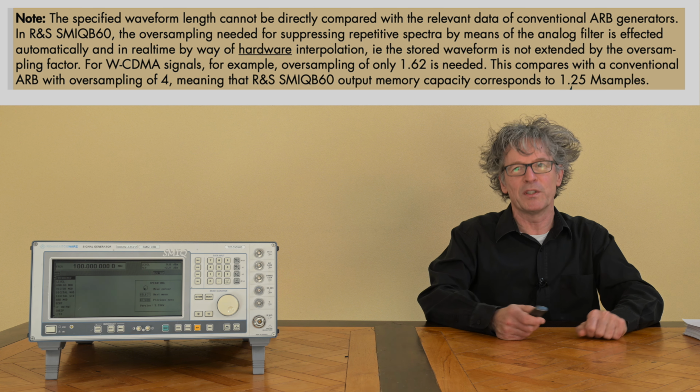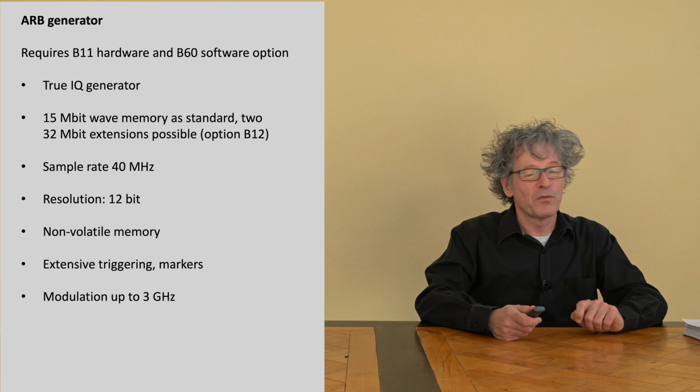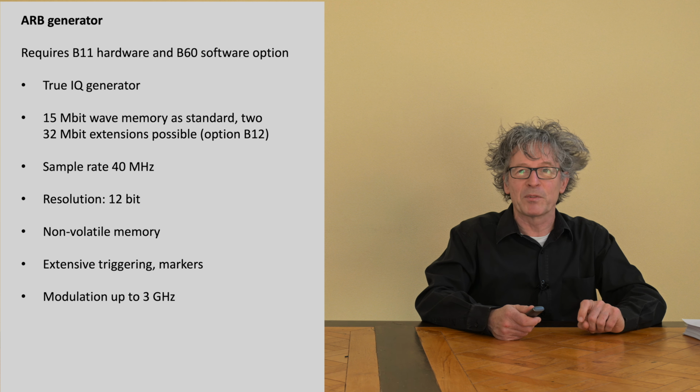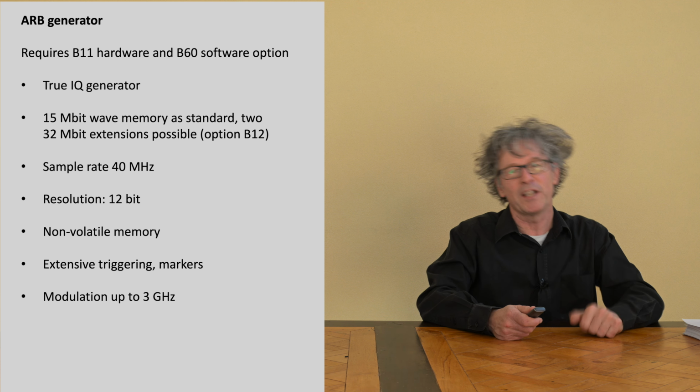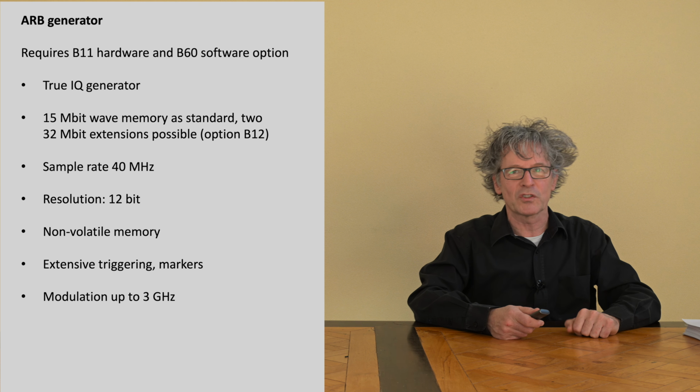I'm just giving you this information for what it is. I will show in a video that even with a very limited number of samples, we can already do quite interesting things.